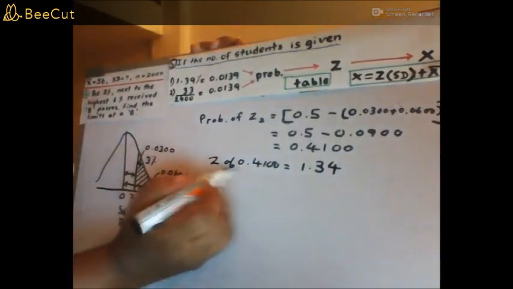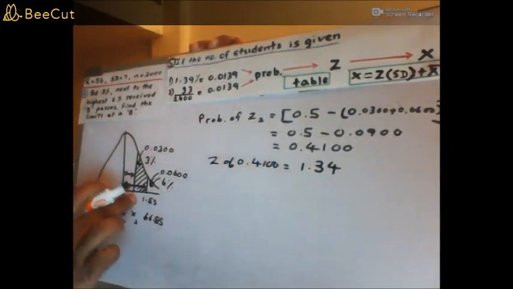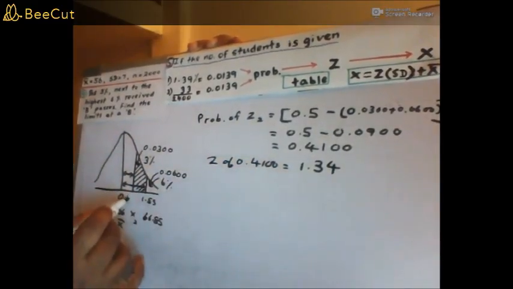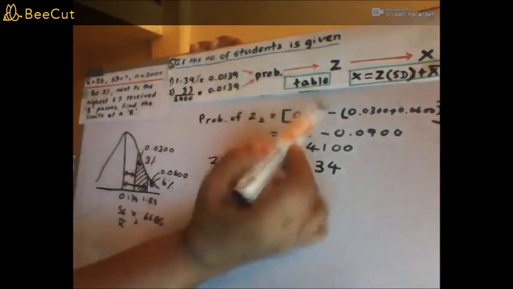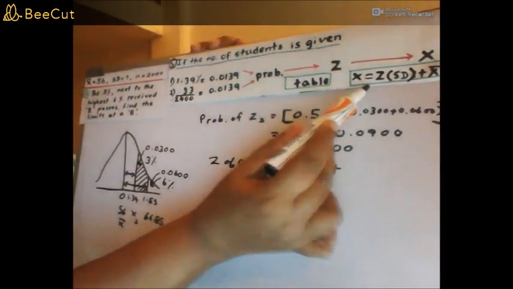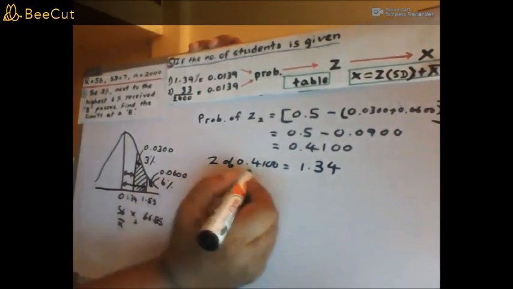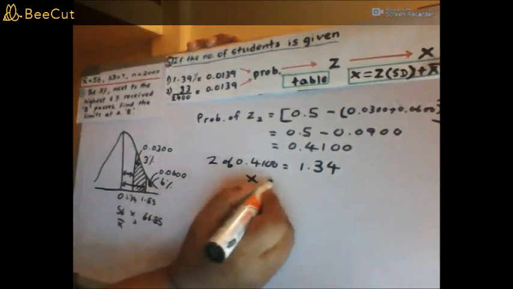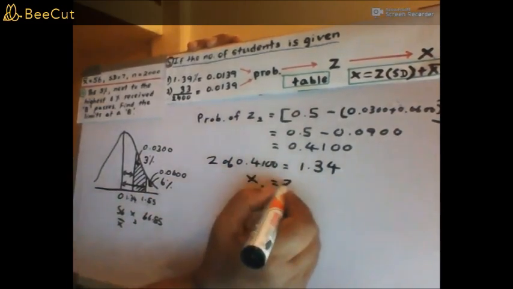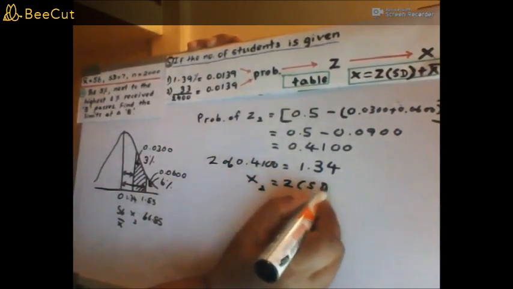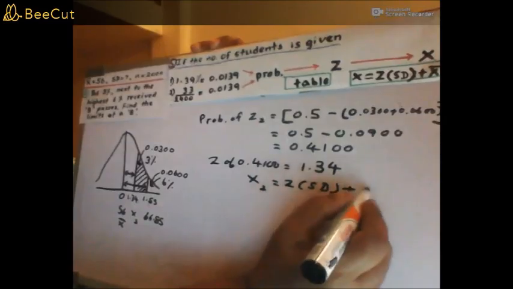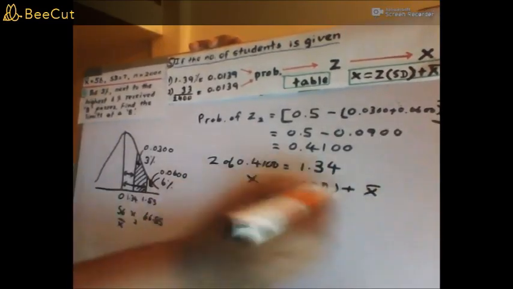So we know the Z value 1.34. So it is plus on this side. Now we have to apply and get the relevant mark. What is that? X2. So write X2 equals, write the formula. If you don't know anything, at least just write the formula.